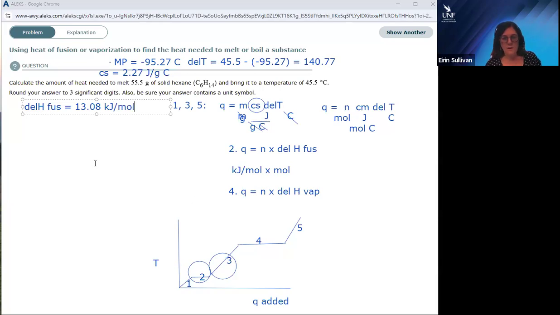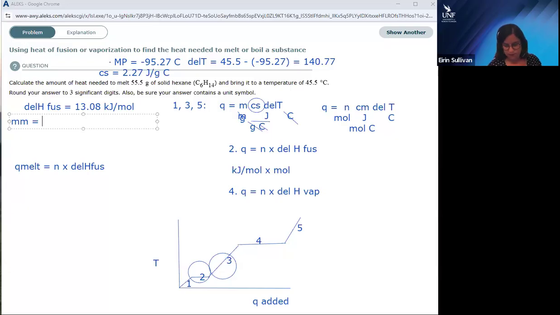So we're going to work out part 2. I'm going to call this Q of melting, because I can't type. Q of melting is going to be n times delta H of fusion for hexane. I don't know the number of moles, so I'm going to move that down and leave myself a little bit of space. For my number of moles of hexane, I'm going to need my molar mass of hexane.